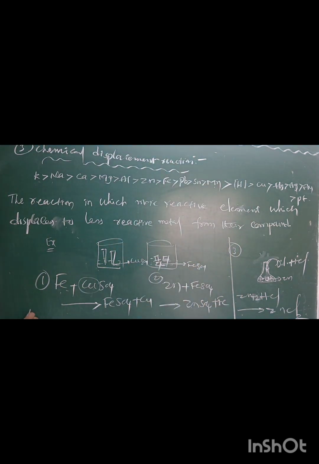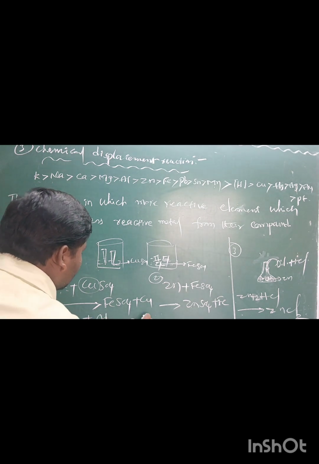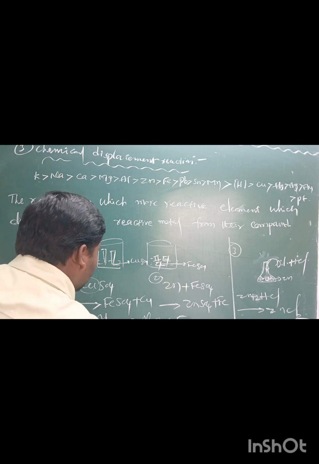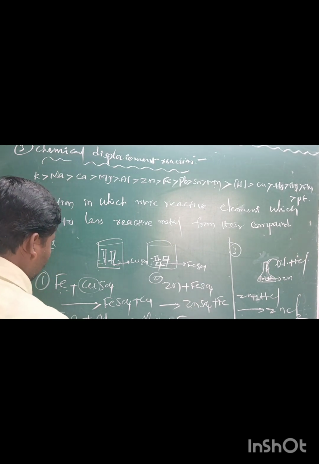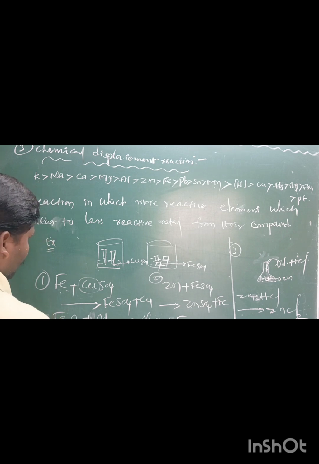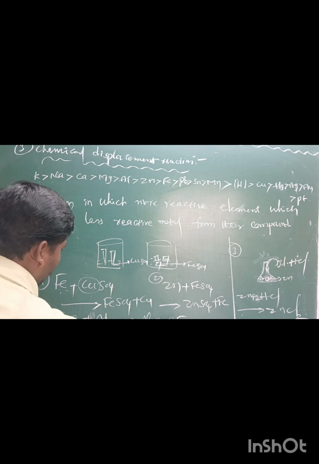Or some more examples here: Fe2O3 plus Al gives rise to Al2O3 plus Fe. That's all. Okay, this is the information about chemical displacement reaction. I hope it is clear.